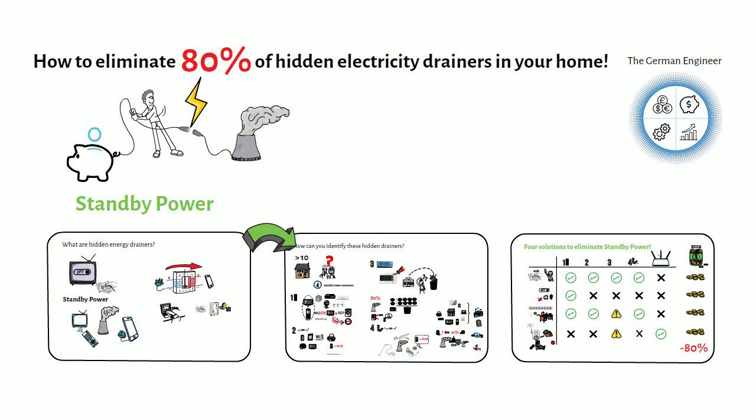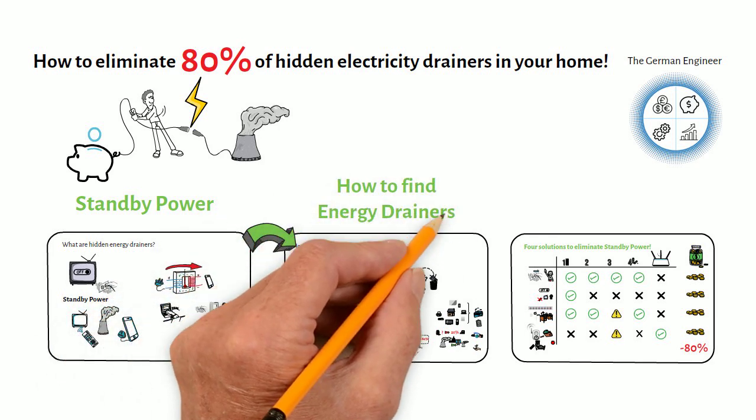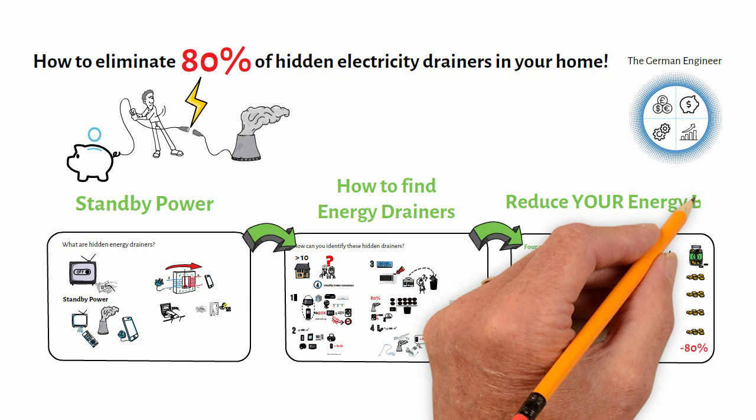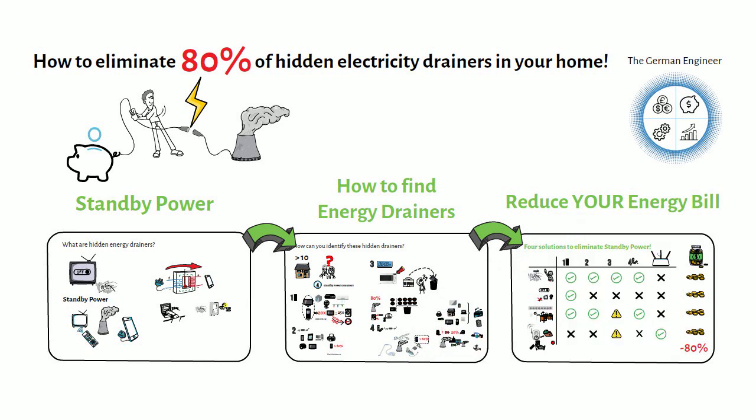We have identified how to find these energy drainers by 4 different categories. These are remote control, external power supply, continuous digital display, and rechargeable battery, always plugged in. And last, 4 possible solutions have been shown how to reduce your energy bill for each individual item.